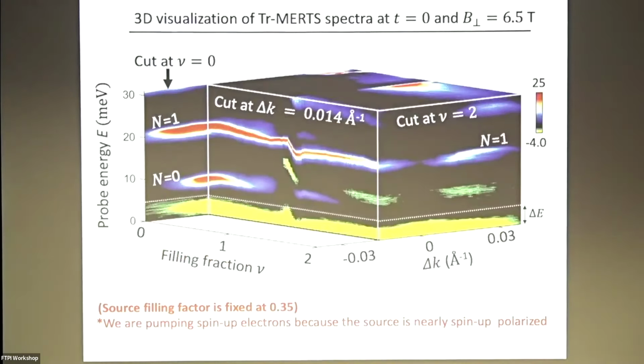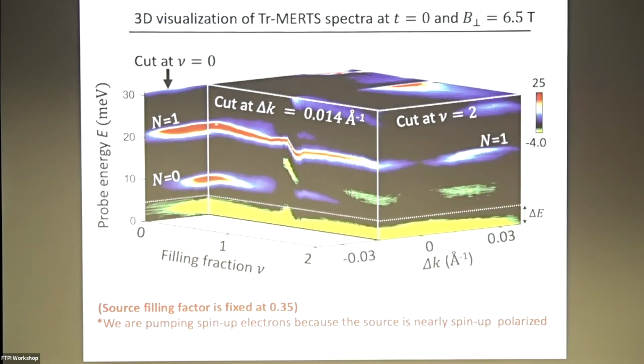Okay. All right. So now we can look at this at a particular momentum cut. We can vary lots of things. We can vary the momentum kick in tunneling. We can vary the filling factor. We can vary the probe energy. So this is the n=1 Landau level here. And as you see, the only place where you see yellow between 0 and 1 is right near filling factor 1.